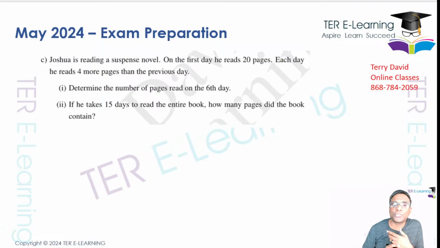Now here's what I want you to work out for me if you can. I'm asking for the number of pages read on the 6th day. Could you all try to get an answer for me? How many pages did Joshua read on the 6th day? CXE likes to give questions that are real life scenarios, not just a simple calculation with AP or GP.